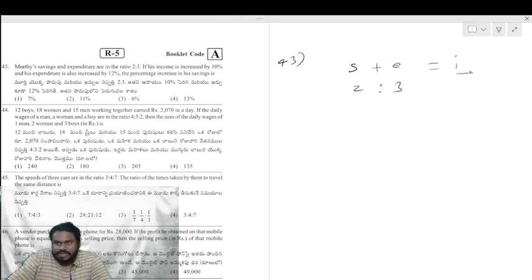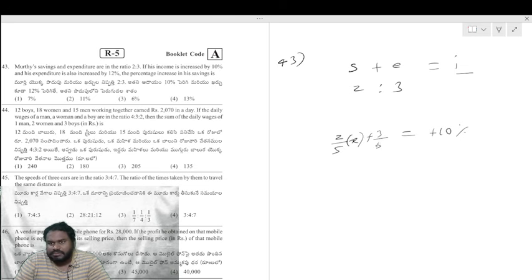Income is increased by 10%, and his expenditure is also increased by 12%. Percentage increase in savings? Savings we don't know, take it as x. 3 by 5 out of 3 is 12. 10%. Solve for x.